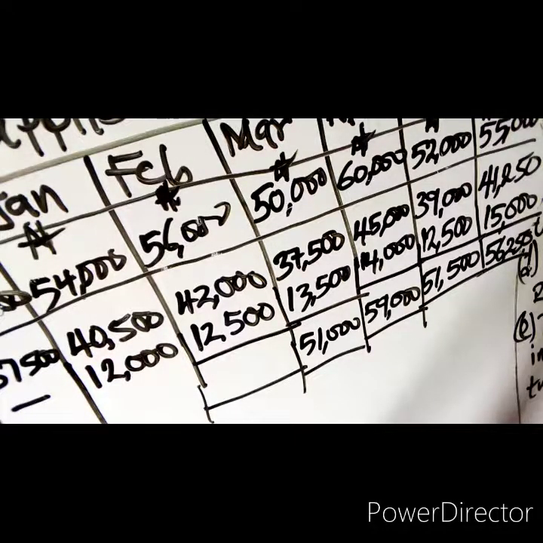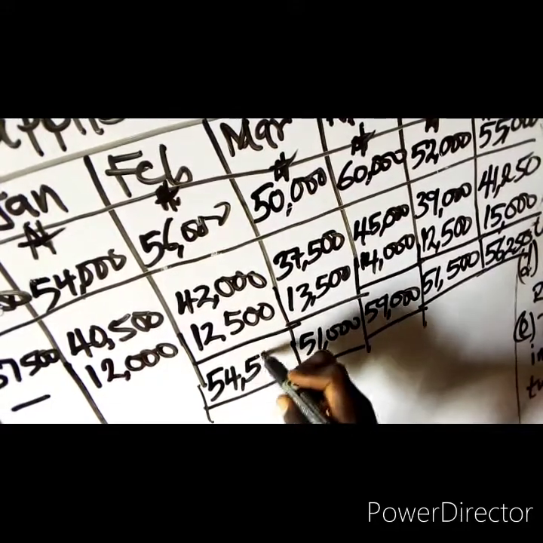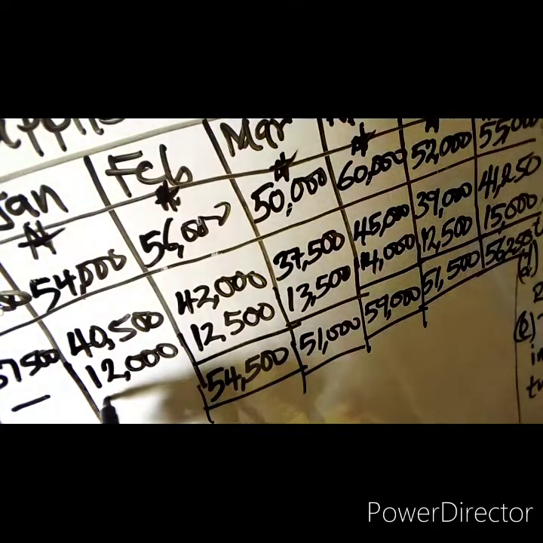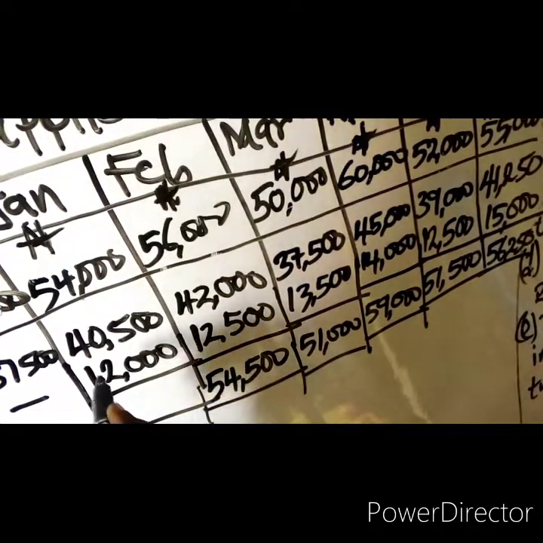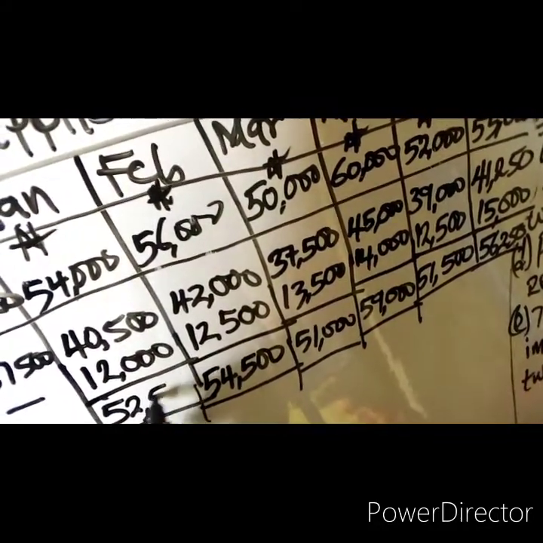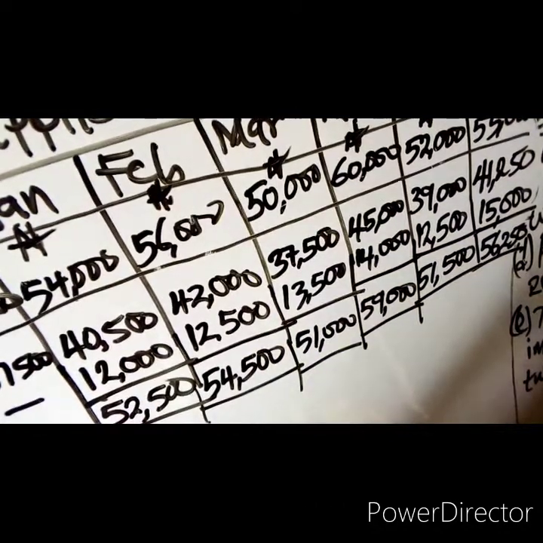That will give us 54,500. 40,500 plus 12,000 will be 52,500. Now, these are the amounts that will be entered in our cash budget.